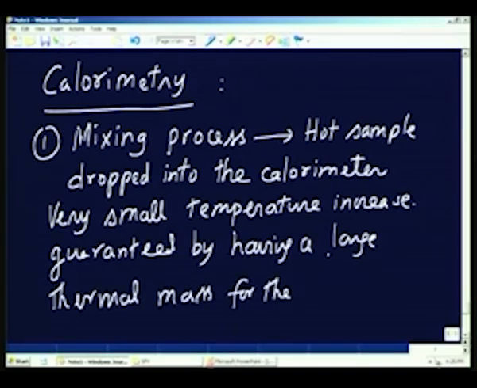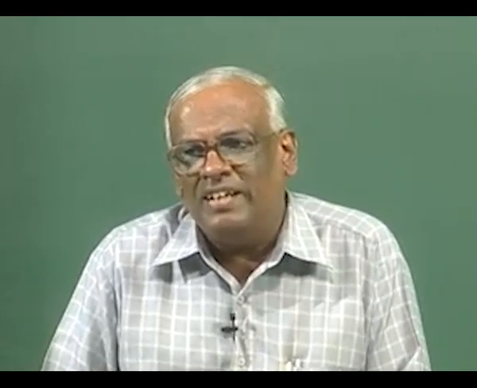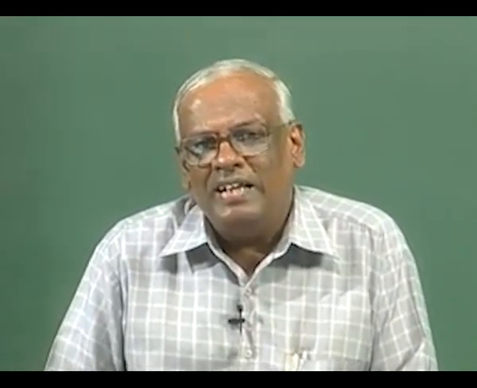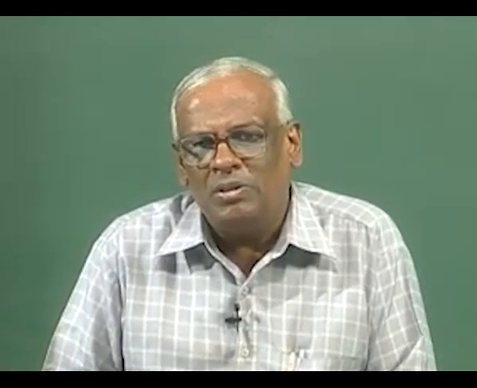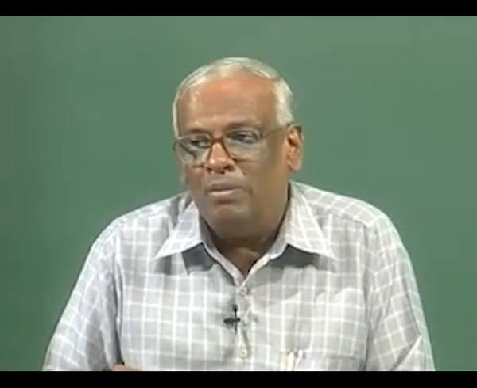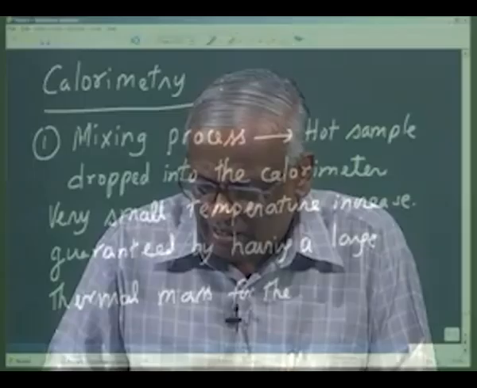The thermal mass of the calorimeter is given by the mass of the material of the calorimeter, that is the water plus the walls of the vessel, and the specific heat of each one of these. You take the product of the mass and specific heat, that is the thermal mass of the system or the calorimeter.